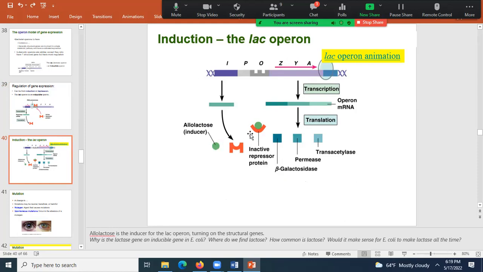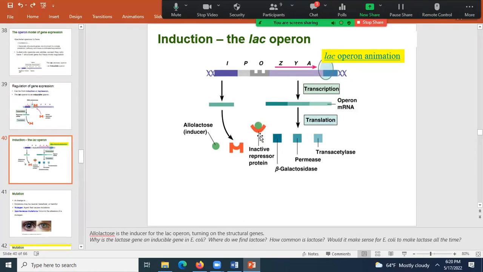Allolactose is an isomer of the sugar lactose. So one is right-handed and the other is left-handed. I don't remember which is which, but they're isomers of each other. Whenever lactose is around, allolactose is around. Allolactose is the inducer. It will bind to the repressor protein and inactivate it.